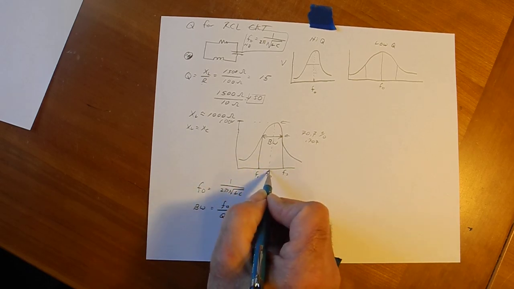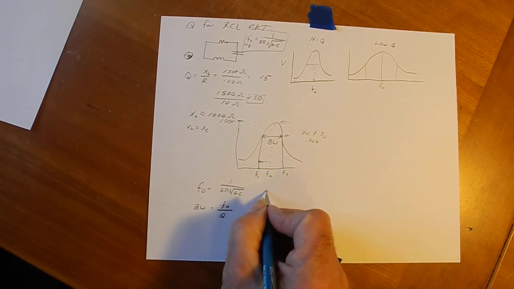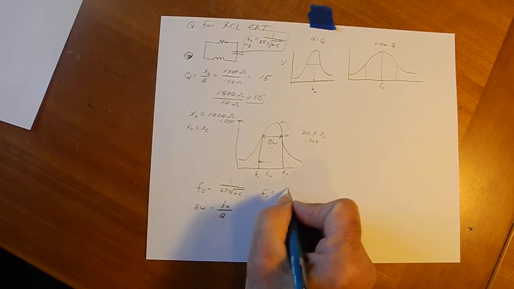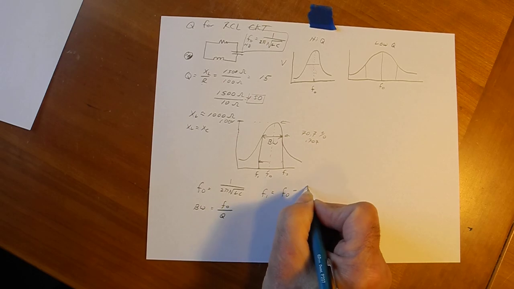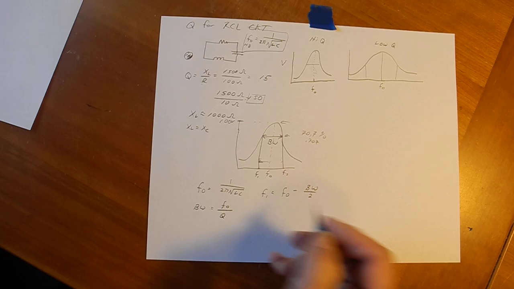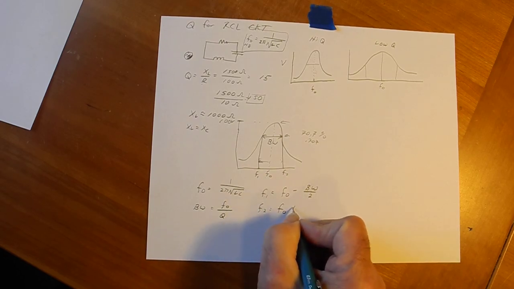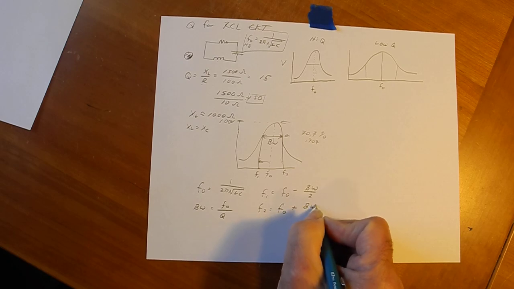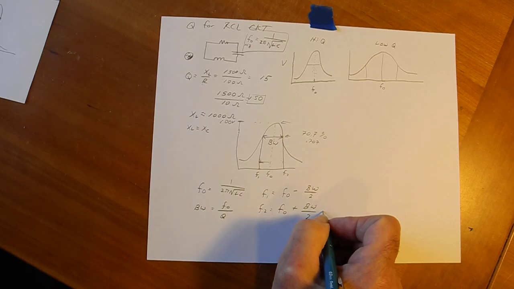If we find the resonant frequency and subtract this many hertz, which is half of the whole bandwidth, we see that F1 has to equal the resonant frequency minus the bandwidth over 2, half this width. And F2 has to equal the resonant frequency plus bandwidth over 2. So these are things that you could find.